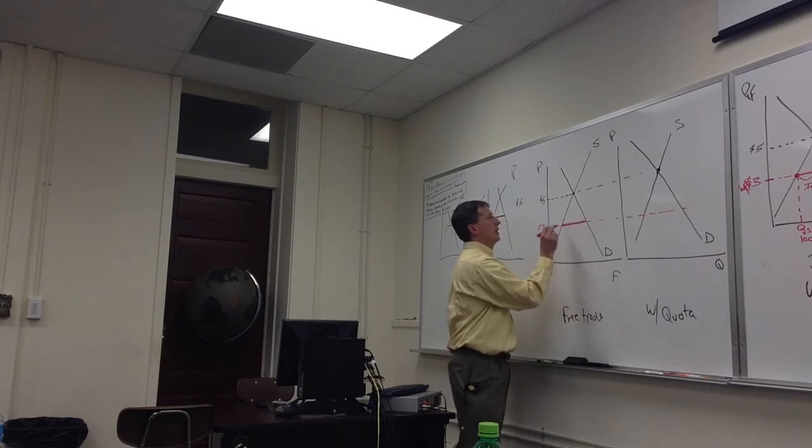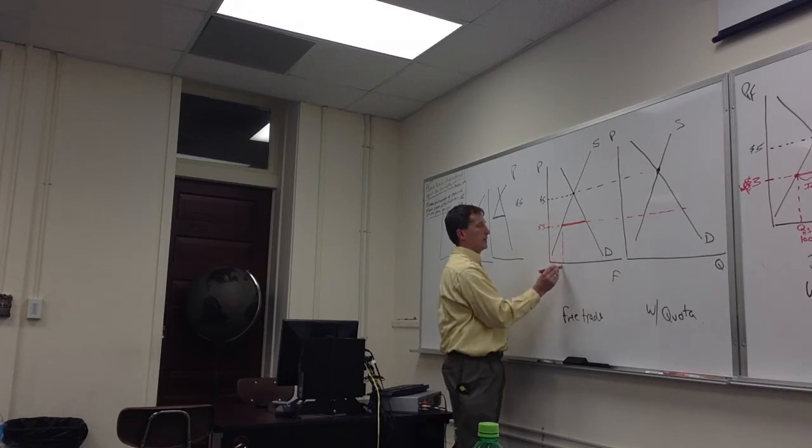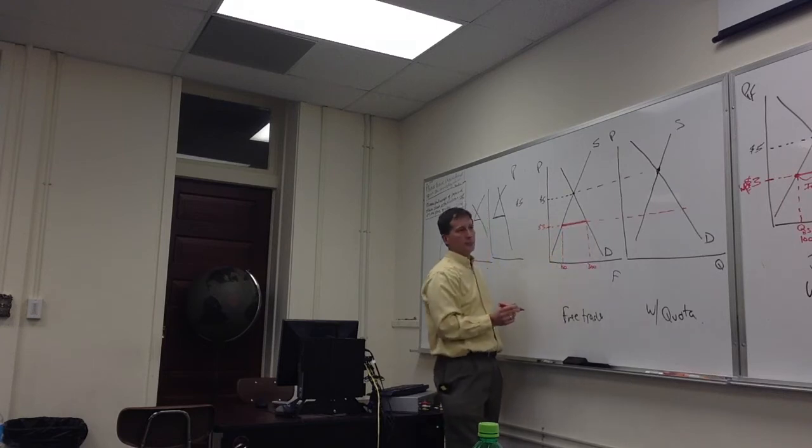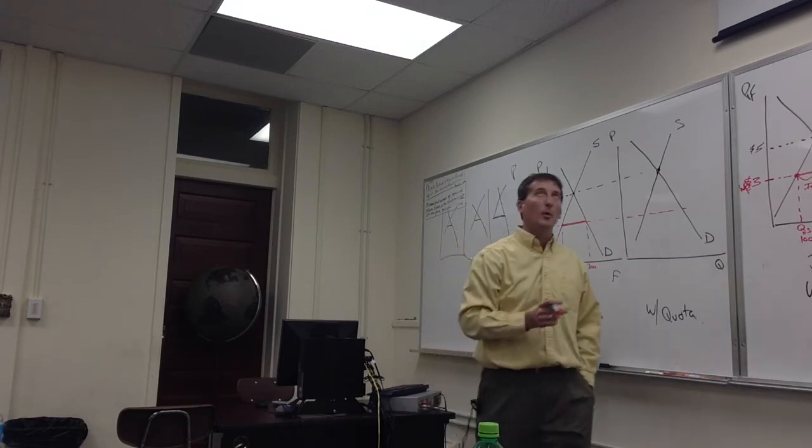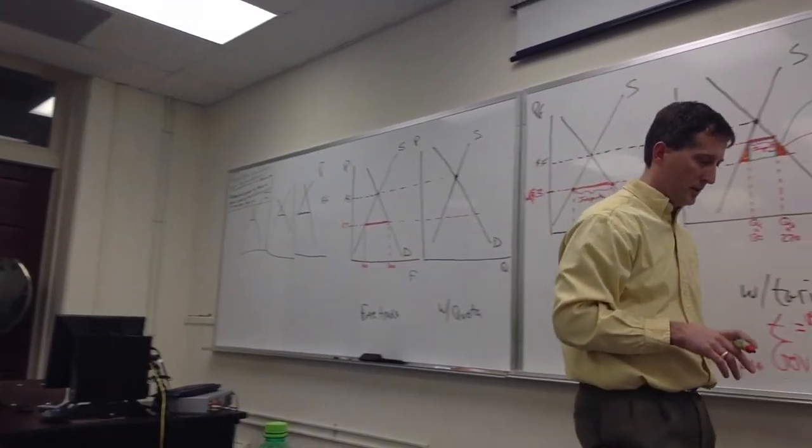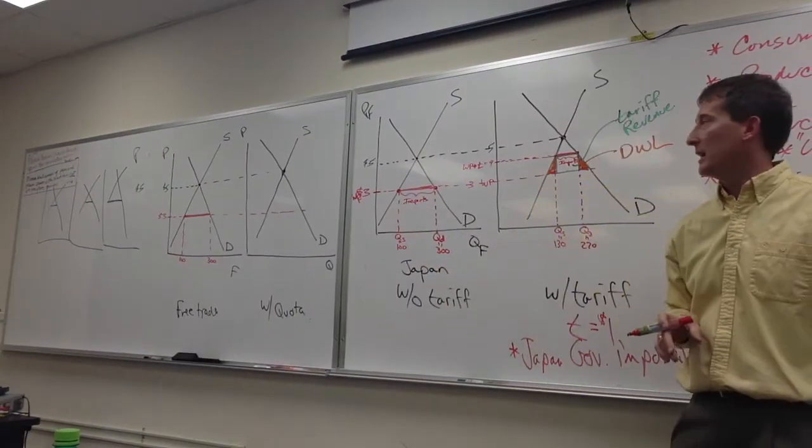So imagine we've got the same numbers we did before, 100 and 300. There's the quantity of imports. 200 units are being imported from the rest of the world under the free trade scenario.